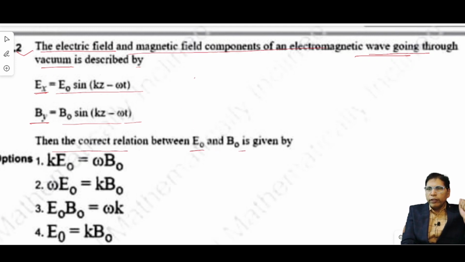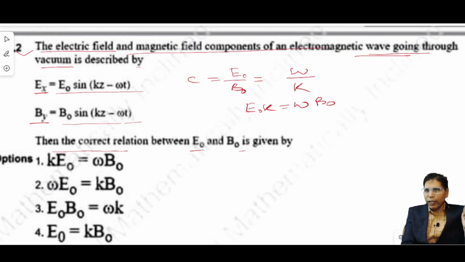You know the velocity of EM wave is the ratio E naught by B naught. And this ratio is equal to the coefficient of t, that is omega, divided by the coefficient of z, that is k. So look at this. E naught k equal to omega into B naught is the correct expression. So look at this, this is the answer.